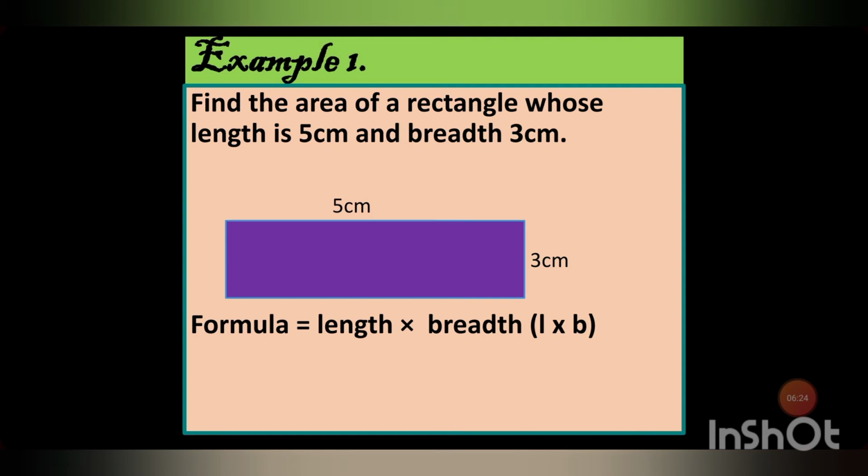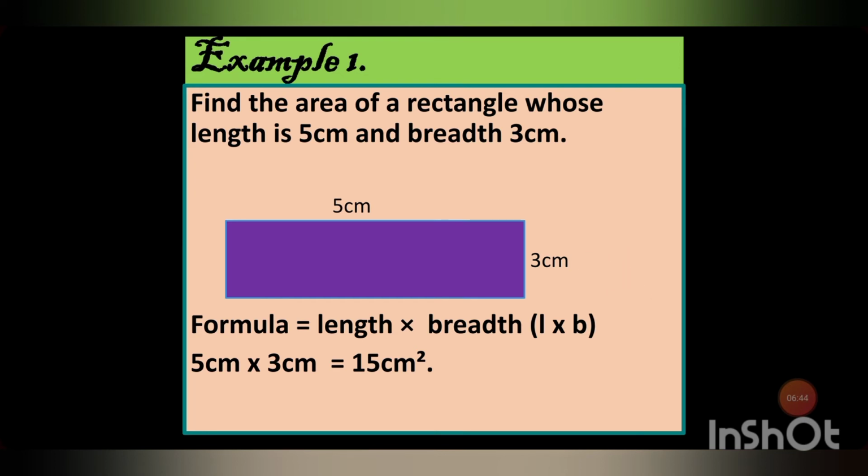So the formula here is length times breadth, which is L times B. The length is 5 centimeters and the breadth or the width is 3 centimeters.